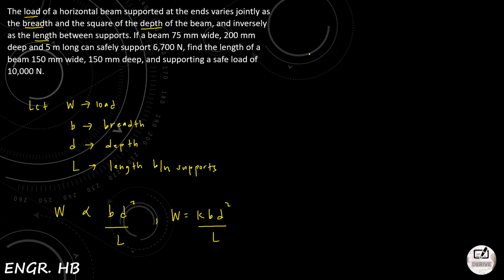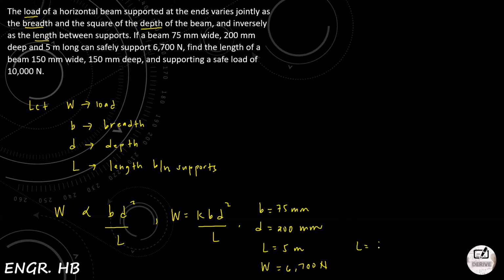Sabi, if a beam is 75 mm, 200 millimeters deep, and 5 meters long, can safely support a weight of 6,700 newtons. Find the length of a beam.